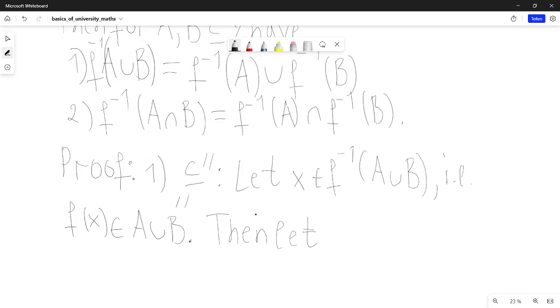Or could we do it differently? Well, this element of A union B, then okay, yeah, I can do it for you in a more self-suggestive way.